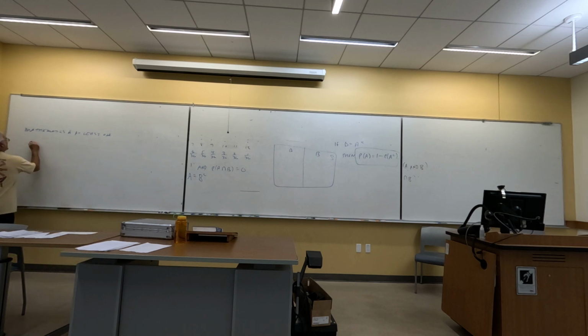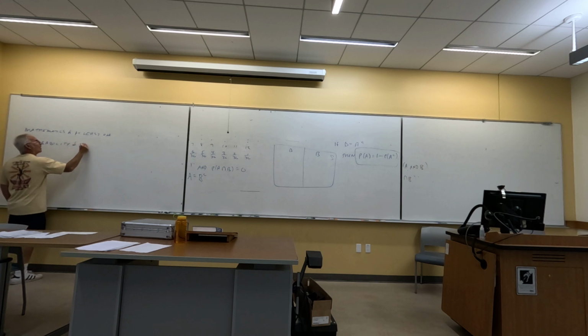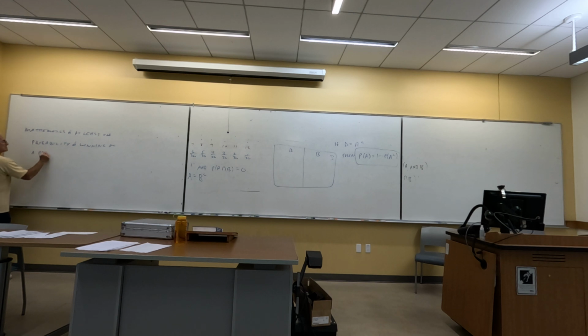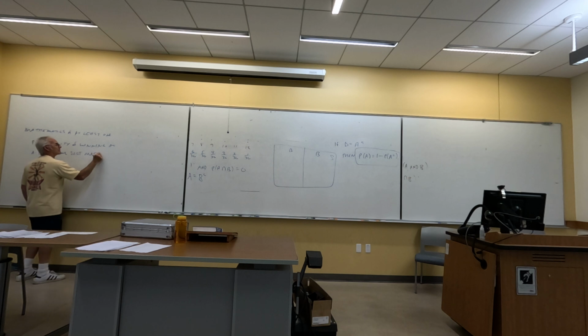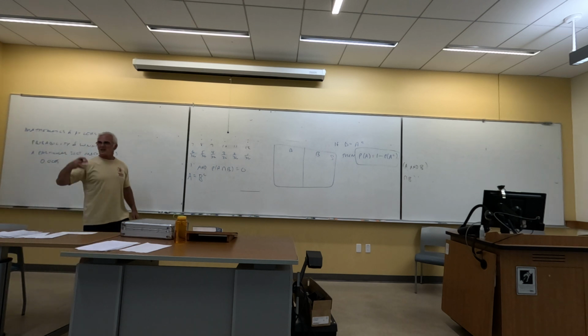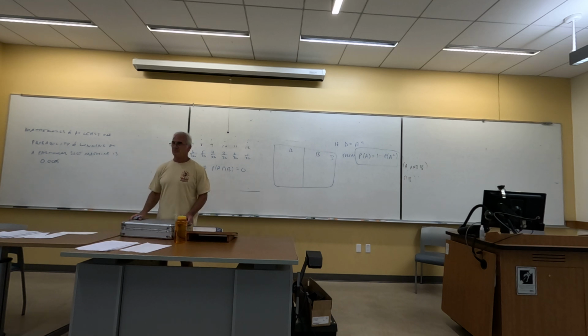Let's say the probability of winning at a particular slot machine is, how about 0.005? No, actually, let's throw another zero. That's probably too high. There we go. 1 out of 2,000. You're going to bet your life on winning at this game, right?